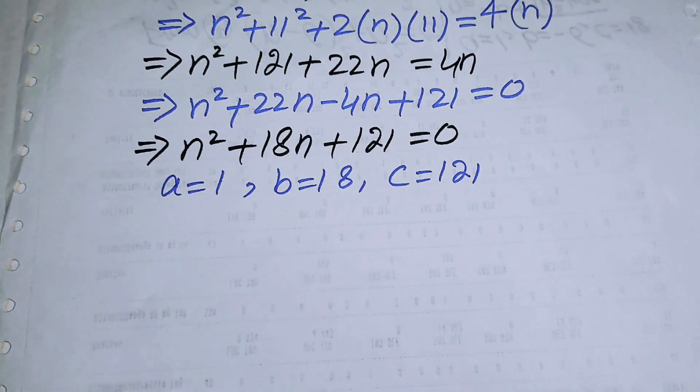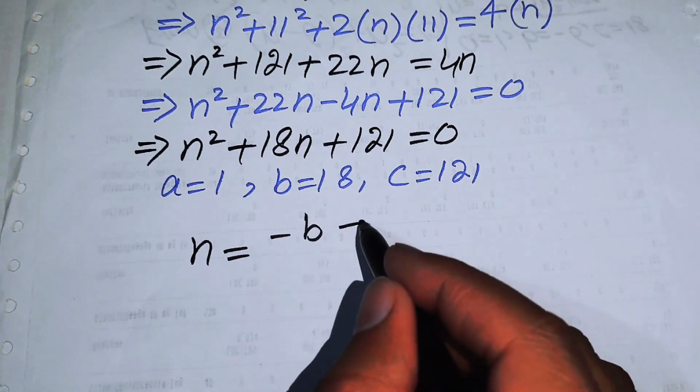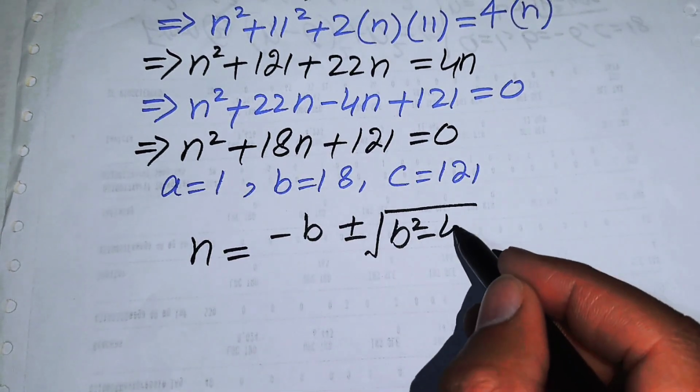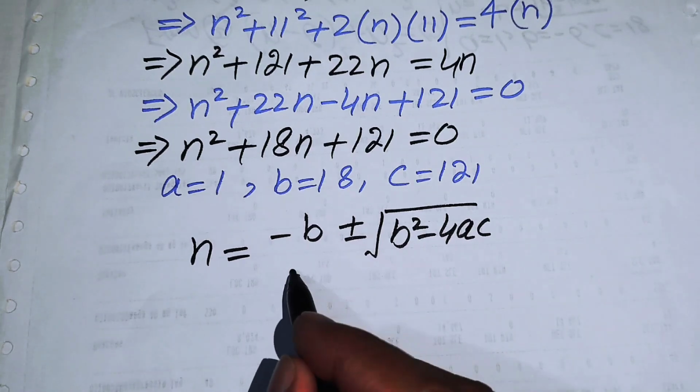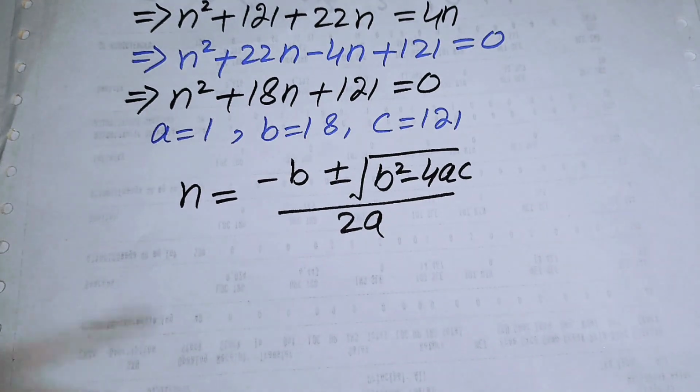And our quadratic formula looks like this: n equals minus b plus minus square root of b squared minus 4 times ac over 2 times a.